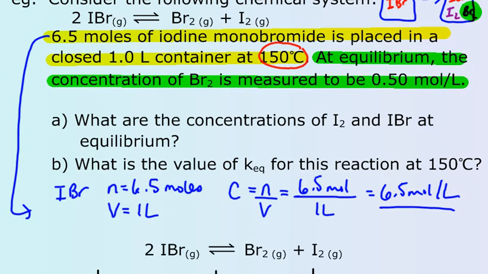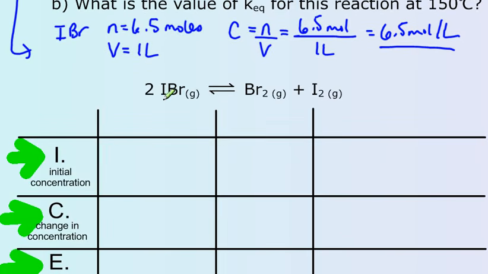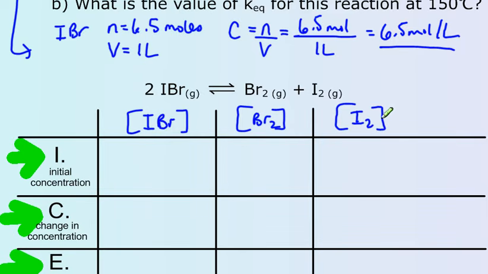Now we can put that number into our ICE table. So we know that when the reaction's beginning, I'm just going to fill in the top here. We've got concentration of IBr, concentration of bromine, and concentration of iodine. When the reaction's beginning, inside our closed system, we have 6.5 moles per liter of IBr.